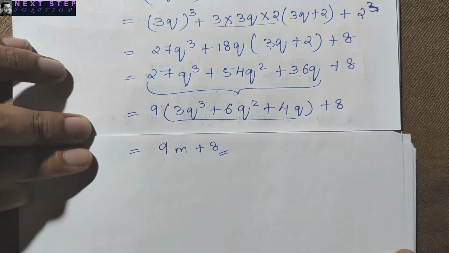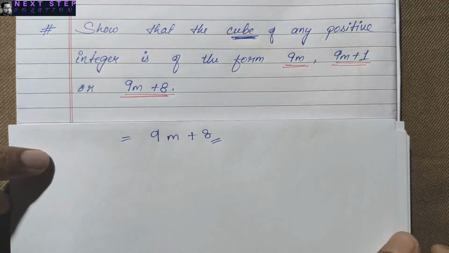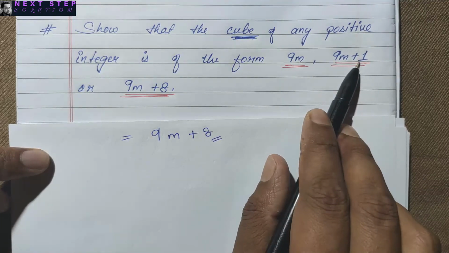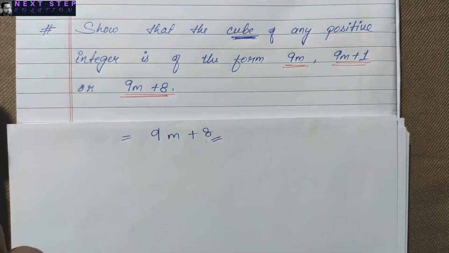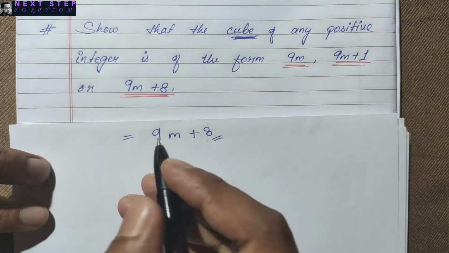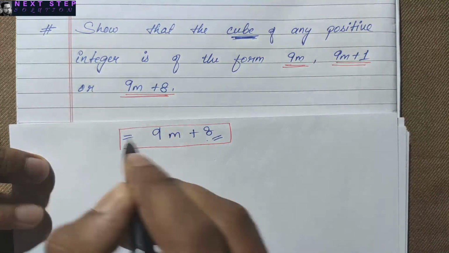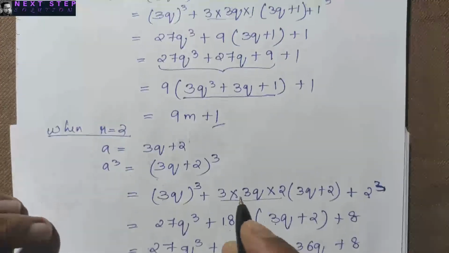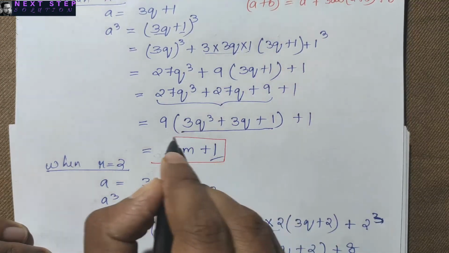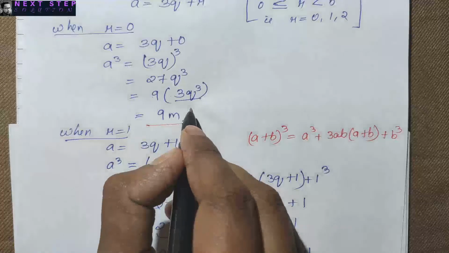Now what was the question once again? The question says it should be in the form of 9m or 9m plus 1 or 9m plus 8. The last one is 9m plus 8. We got here 9m plus 8. The previous ones are 9m plus 1 and 9m.